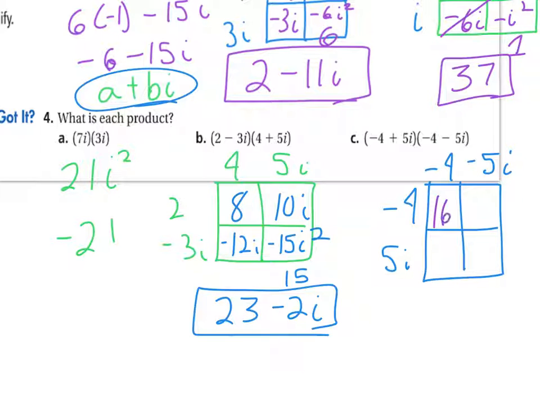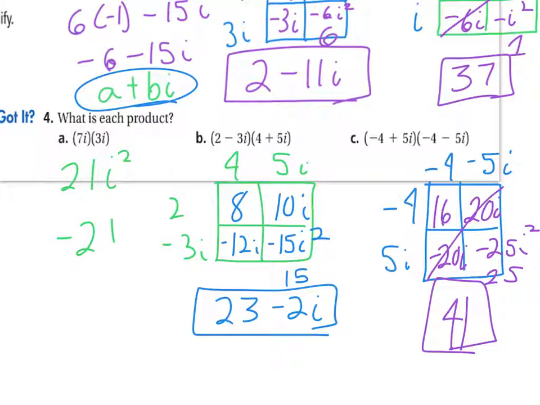So we get positive 16, we get 20i, and negative 20i. Again, look at that, those cancel again. And we have a negative 25i squared, so that would be a positive 25. 16 and 25, we're talking 41 for that one. So again, notice that pattern comes up again, where the answer turns out to just be a real number.